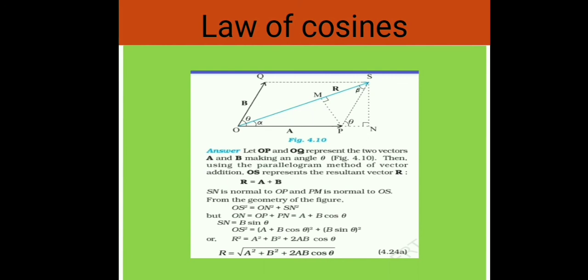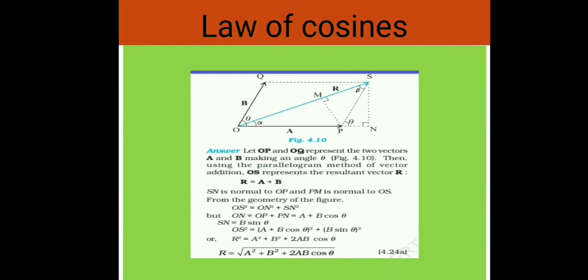So R equals under root of A square plus B square plus 2AB cos theta. Now this equation is known as the law of cosine. It means if a question comes that says derive or explain the law of cosine, then we have to derive this formula.